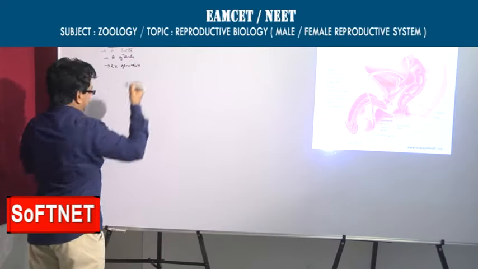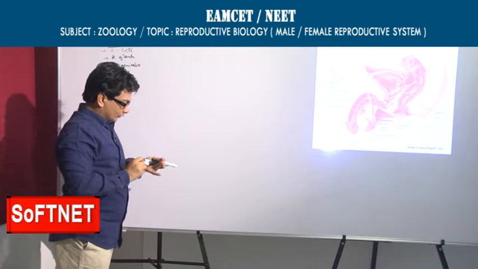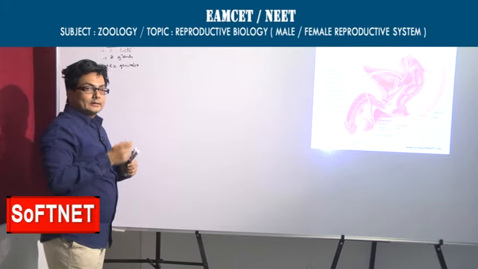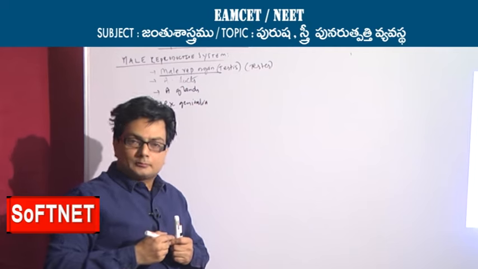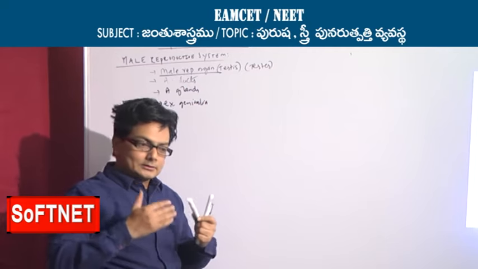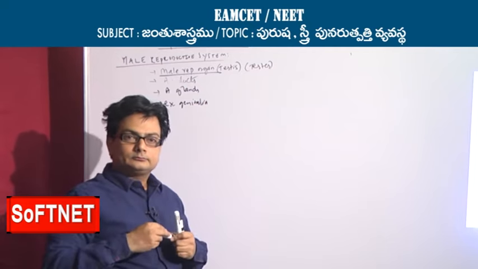So let's start with the male reproductive organ, the testis. The testis in the human male is present in a structure called the scrotum. The scrotum is outside the abdomen.